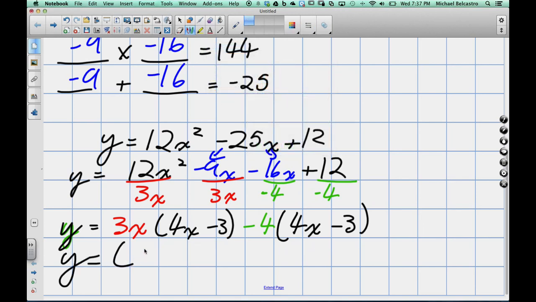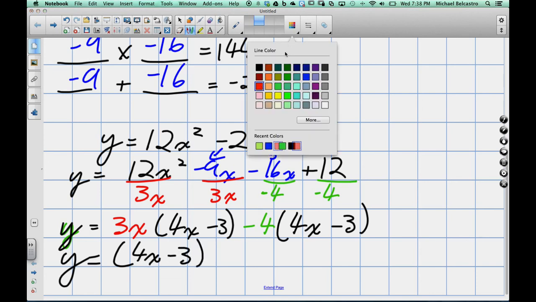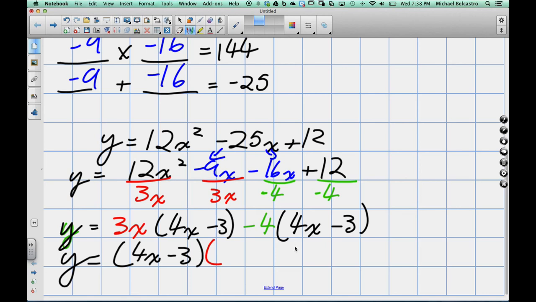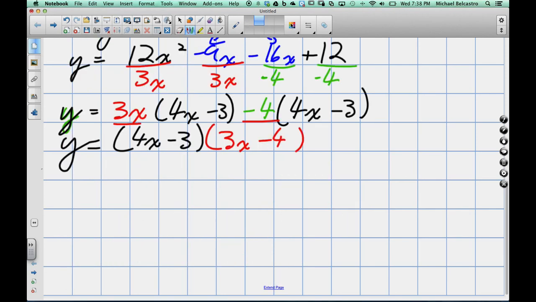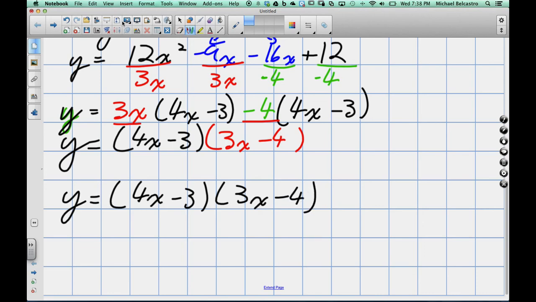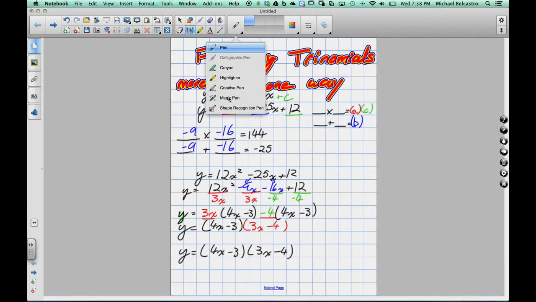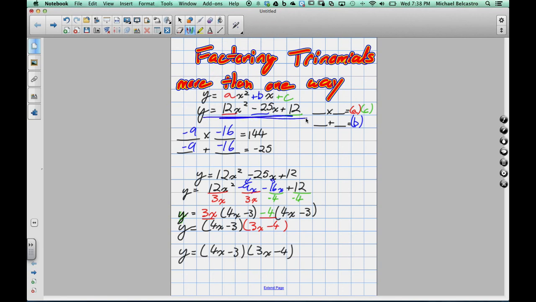So it's our 4x minus 3. And our second set of brackets, I'll write it in red, is actually going to be the two common factors, so it becomes 3x minus 4. So the factored form, which I'll write in black now, is y equals 4x minus 3 times 3x minus 4. That is the factored form of our original standard form.